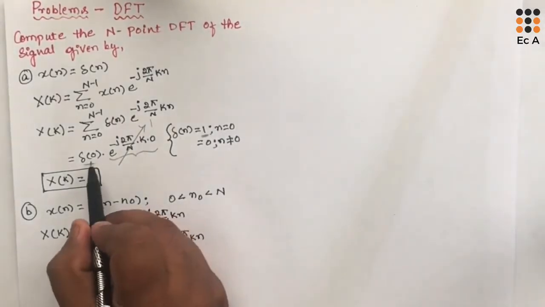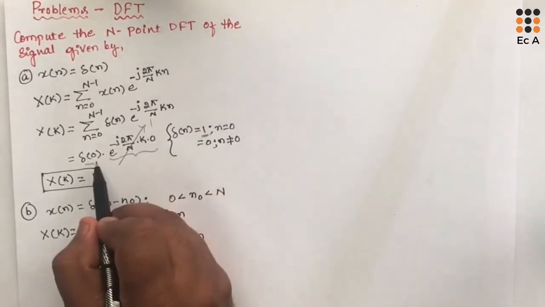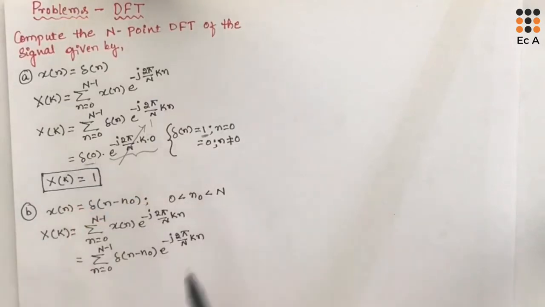Similar to first problem, in delta of n, when value of n became 0, this entire term become 1. Using the same analysis, we can write this term will become 1 when n minus n naught is equal to 0. So at that case we can say n is equal to n naught.